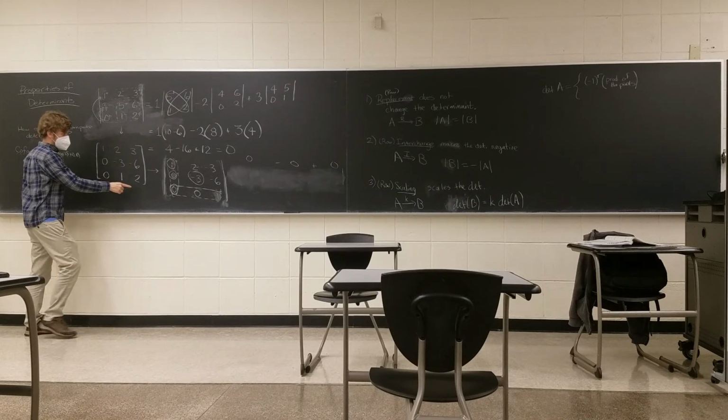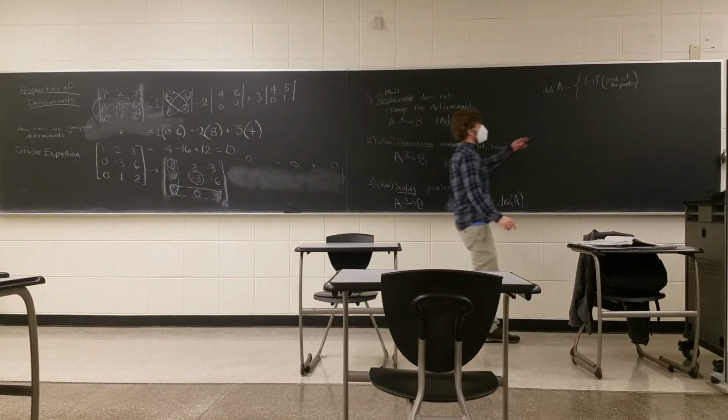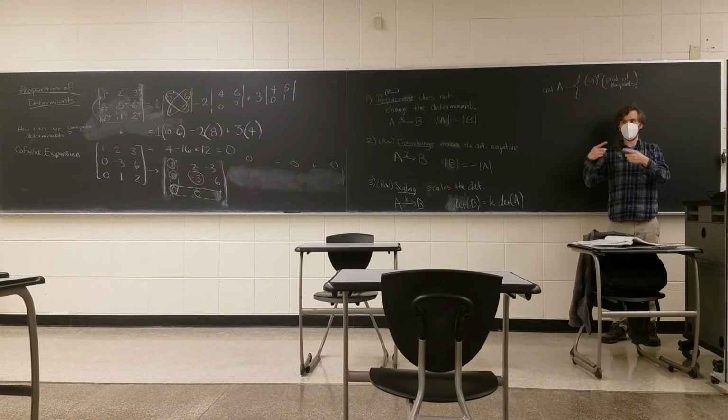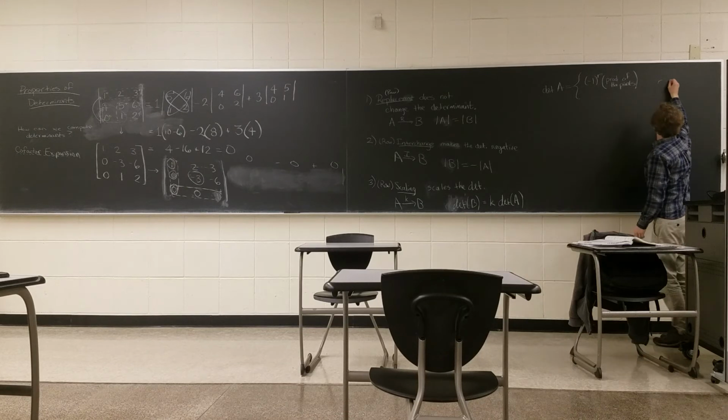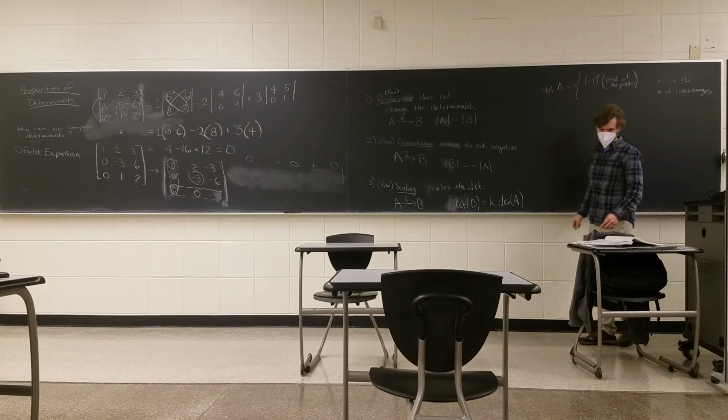Here we found the pivots, 1, -3, 0. And this plus or minus 1 is going to correspond to how many times we had to do transpositions. So R is the number of interchanges. So we get this property.